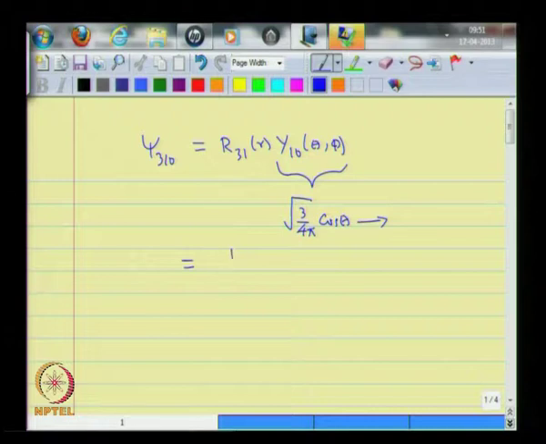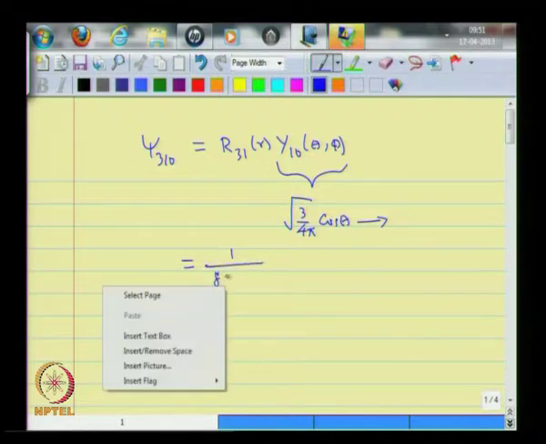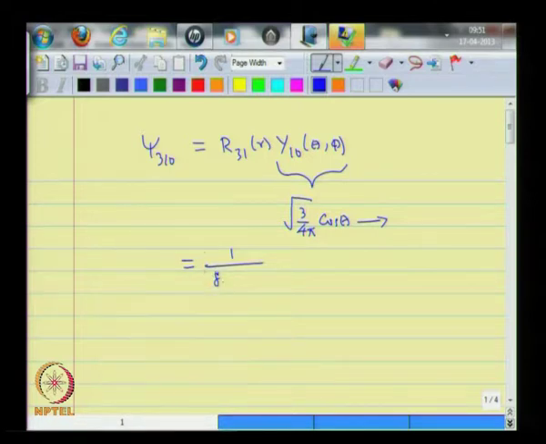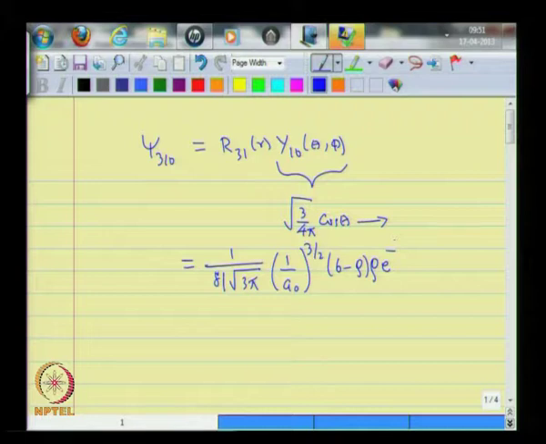The total wave function will then look like 1 by 81 into square root of 3 pi into 1 by a0 to the power of 3 by 2 into 6 minus rho, e to the power of minus rho by 3, into cos theta.